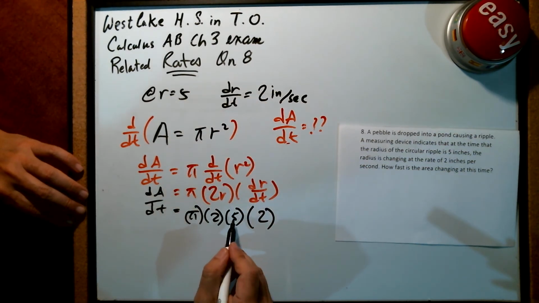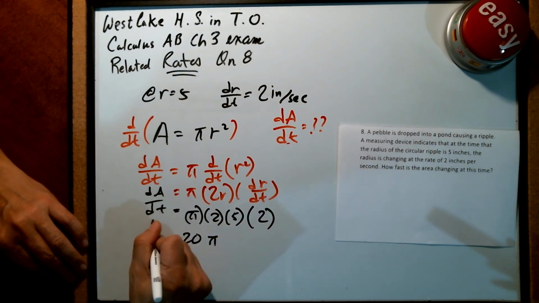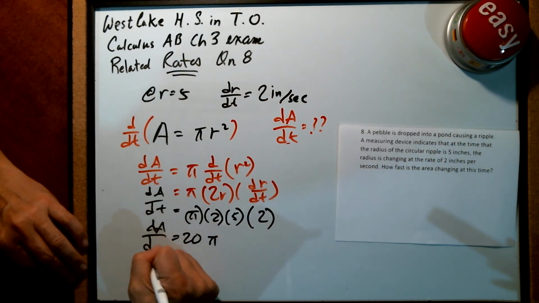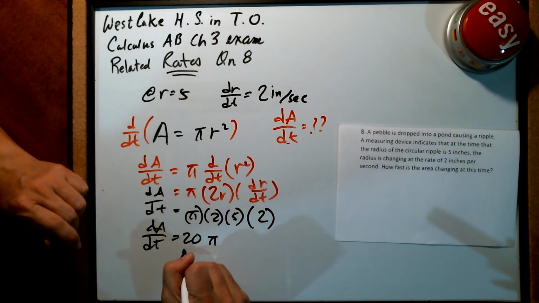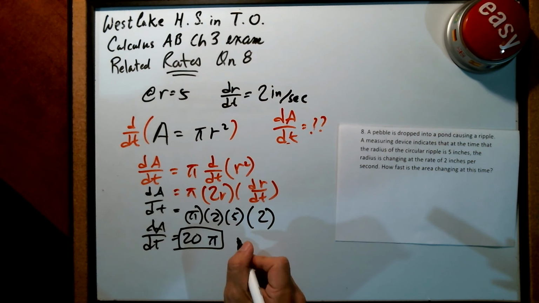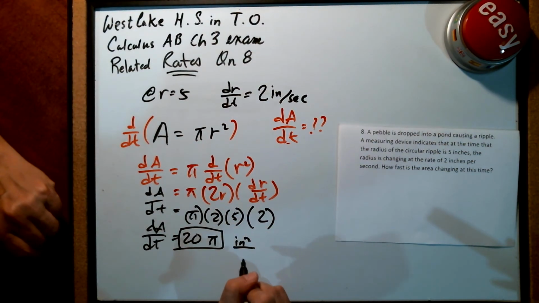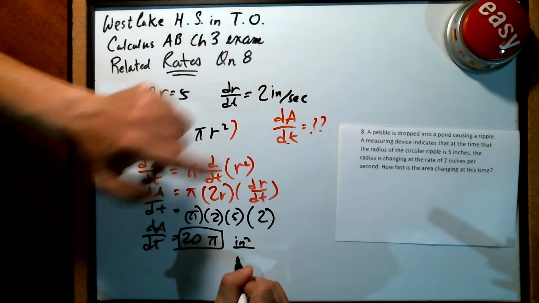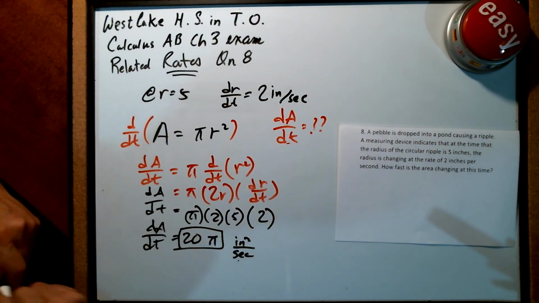And it's going to be 2 times 5 is 10, times 2 is 20 pi. That's how the area is changing with respect to time. That's our final answer. The area is going to be in inches squared per time. Time is in seconds. Square inches per second, okay?